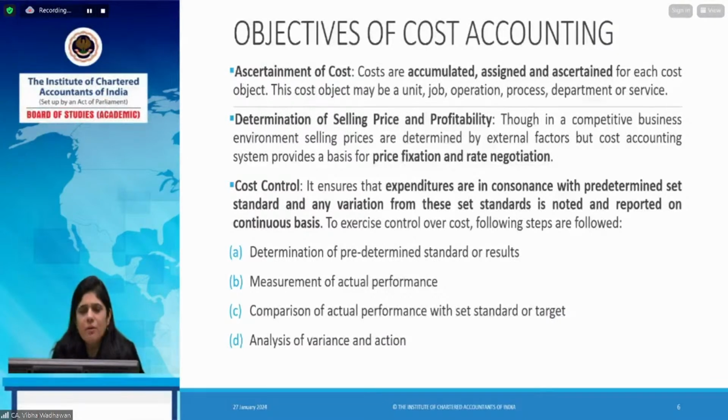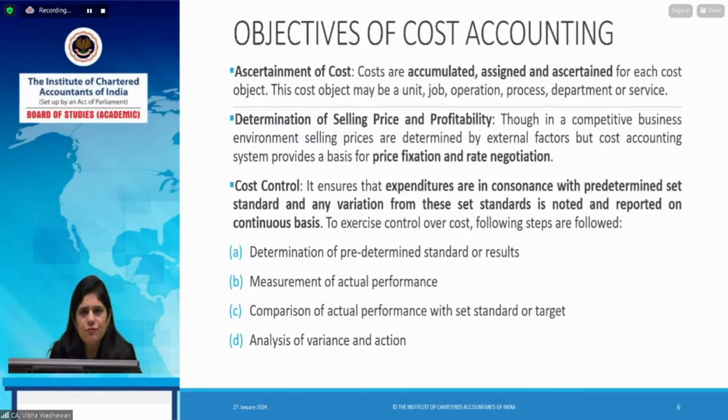Though in a competitive business environment, selling prices are determined by external factors, cost accounting provides a basis for price fixation because, of course, you have to go over and above the total cost. So cost accounting gives you an idea from where to start, after the costing is done, which should be the minimum selling price. So it gives a basis for the fixation of selling price.